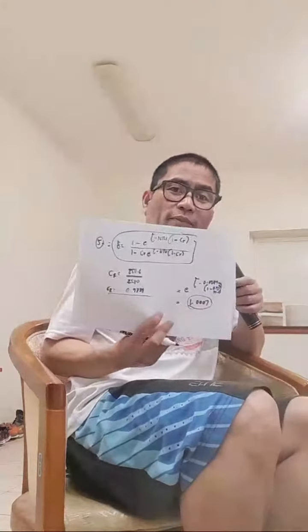Then substitute in the efficiency formula, then we're going to say that E is equal to 1 minus 1.0007 over 1 minus 1.0007, like that, times your CR 0.9734, and your efficiency will be computed.